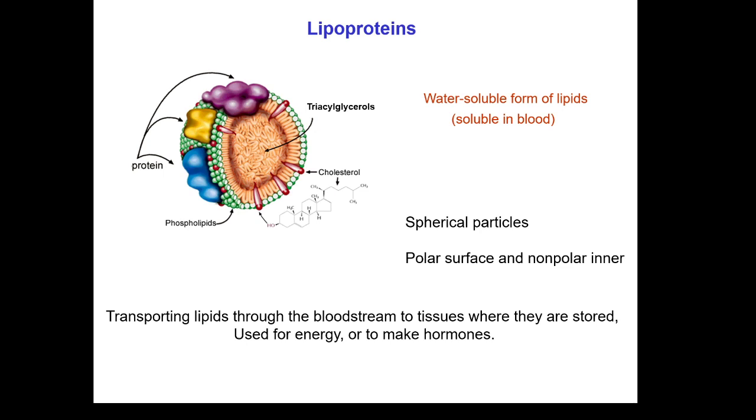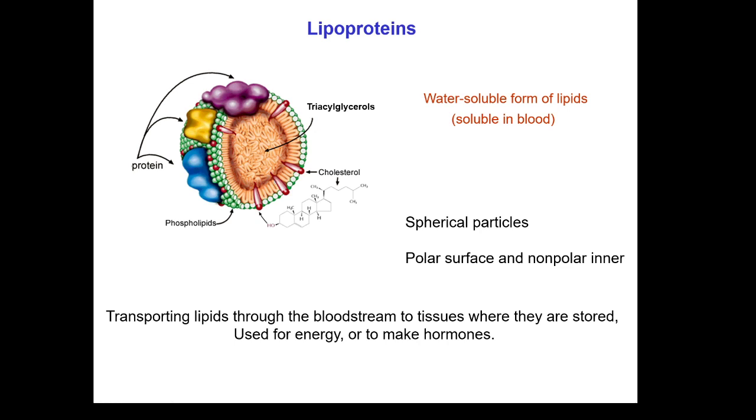Lipoproteins. These are fun. Water soluble, so therefore, they're soluble in the blood, form of lipids. Lipoproteins is the way we can transport our cholesterol and our triacylglycerides and all of that fun stuff throughout the body.